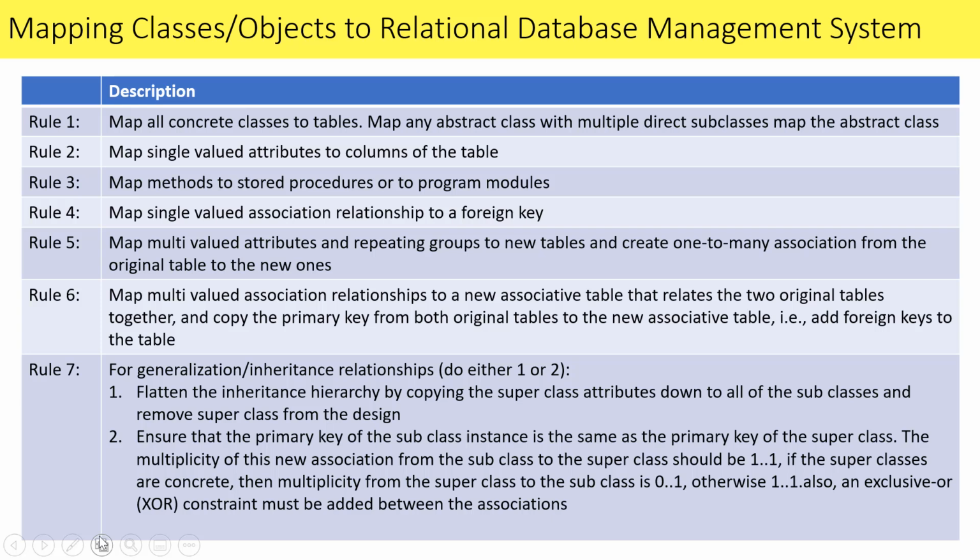How about the methods? The methods in your classes are converted or mapped into a stored procedure. Stored procedures are small procedures that we can store in the database. They run in the database, and they can do things for you. So in object-oriented programming, of course, you define what a method can do.